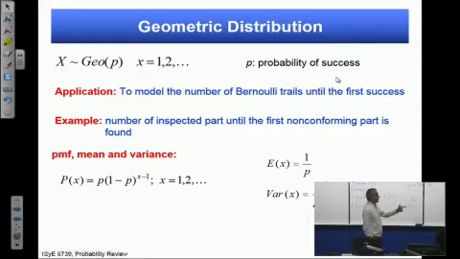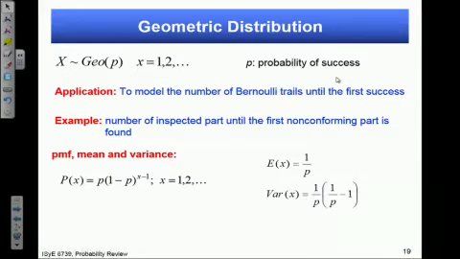This is the probability mass function, and that makes sense if you look at the equation. So the probability of, let's say, x equal to 3 means in the first two, you cannot catch it, which is 2 failures, and the last one you catch it.